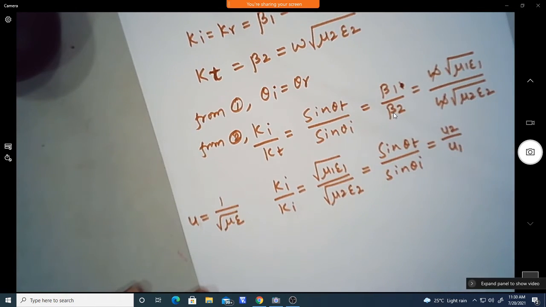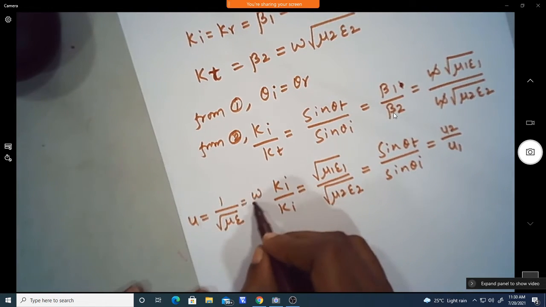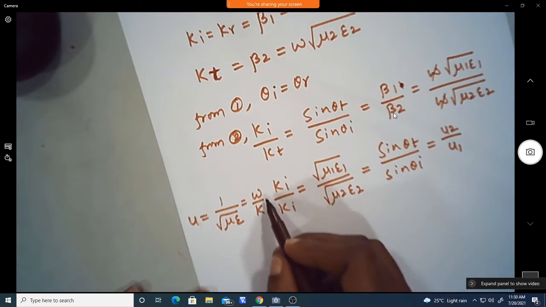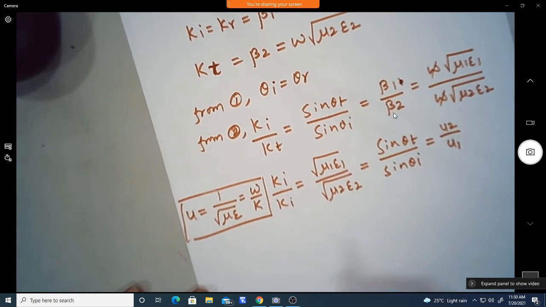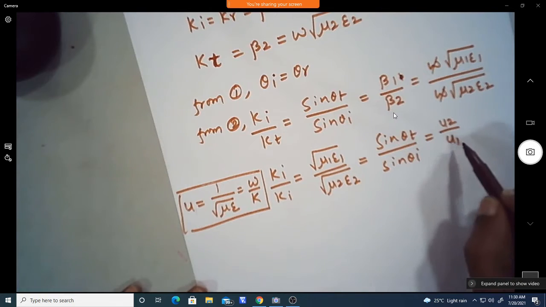Also, u can be expressed in terms of omega and the propagation vector, that is omega by k.